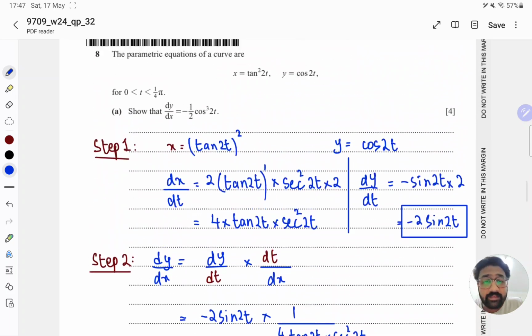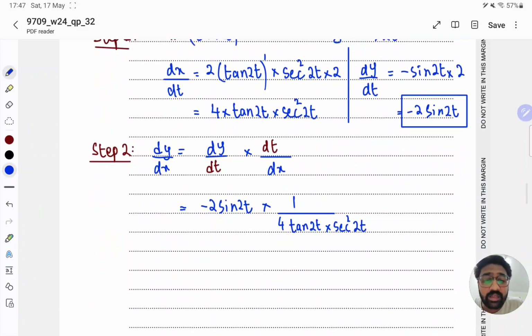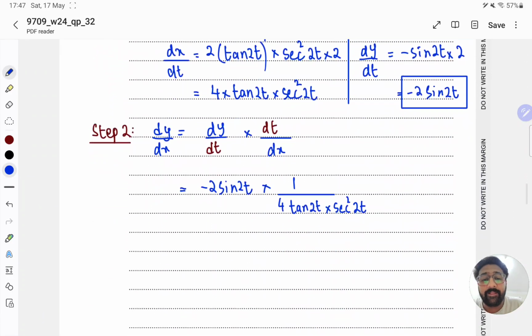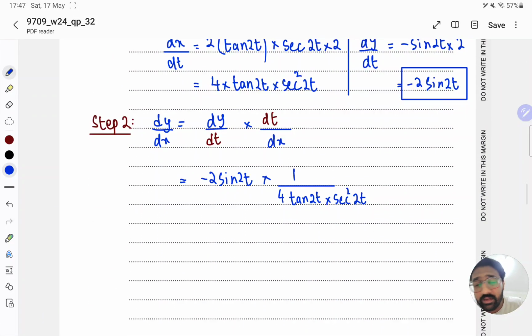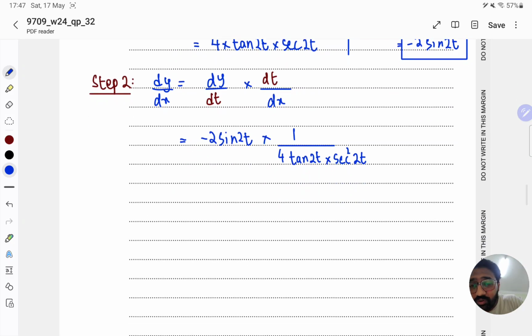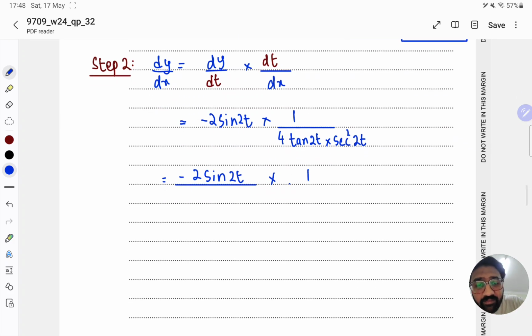Now I have to bring it in terms of cos only, so I have to convert all of them. So this thing is going to be written as minus 2 sine 2t as it is, multiplied by 1 divided by 4.